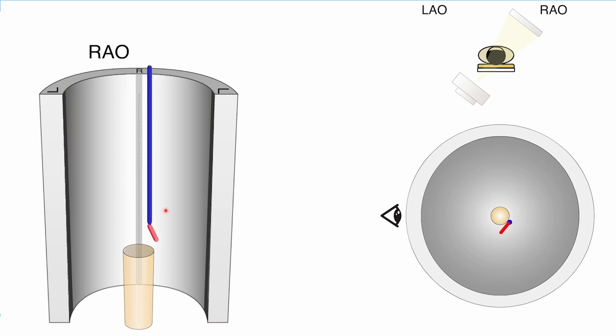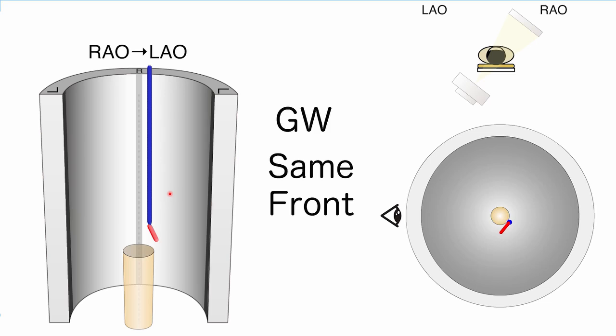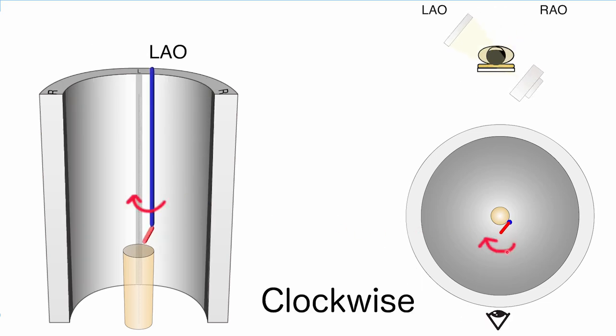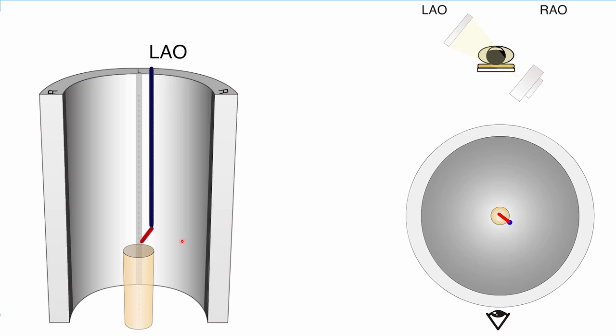Then advance. Next is RL to LL, it is the front, same as front, shaft is front. Then clockwise. Then we get the true lumen.